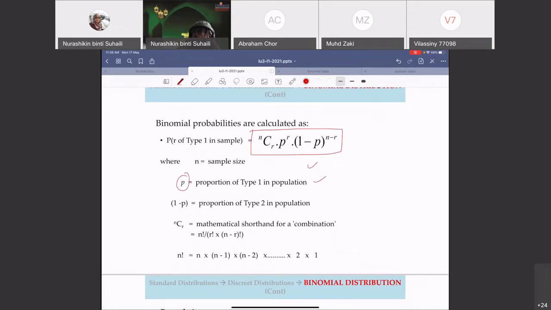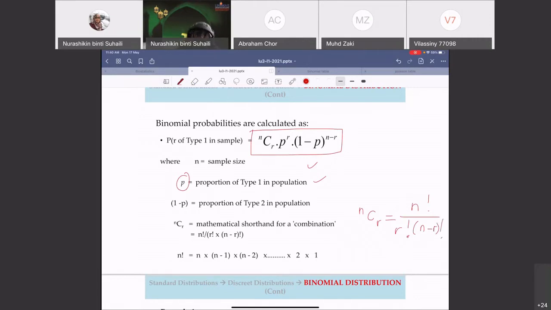Then 1 minus P. nCr means n factorial divided by r factorial multiplied by (n minus r) factorial.